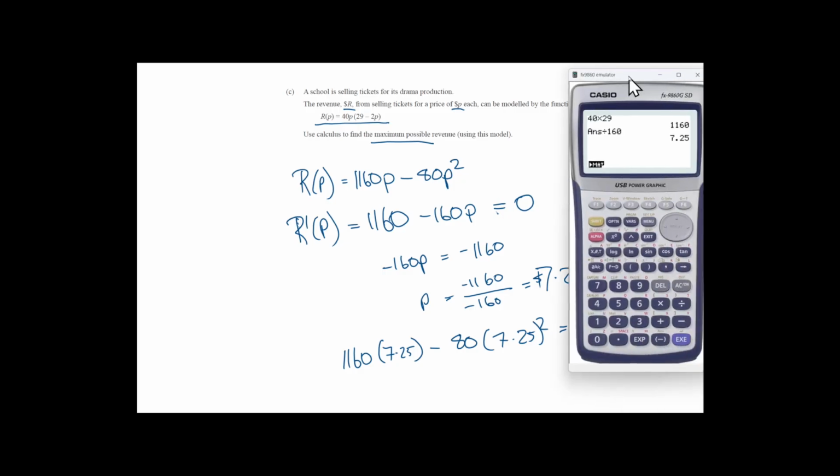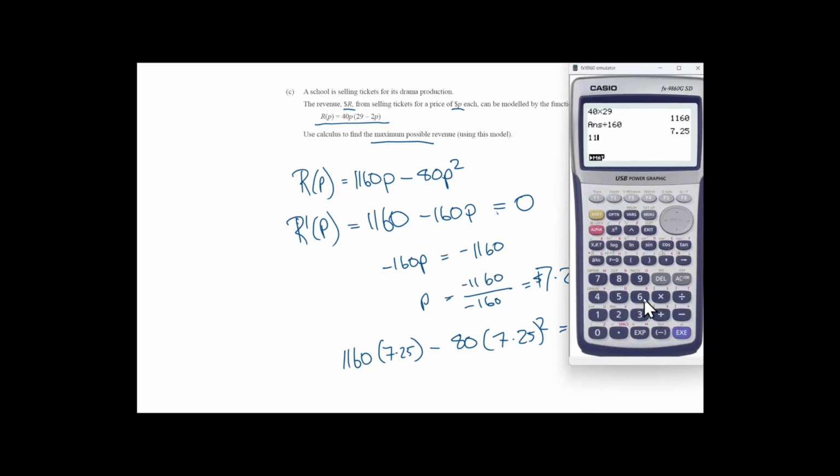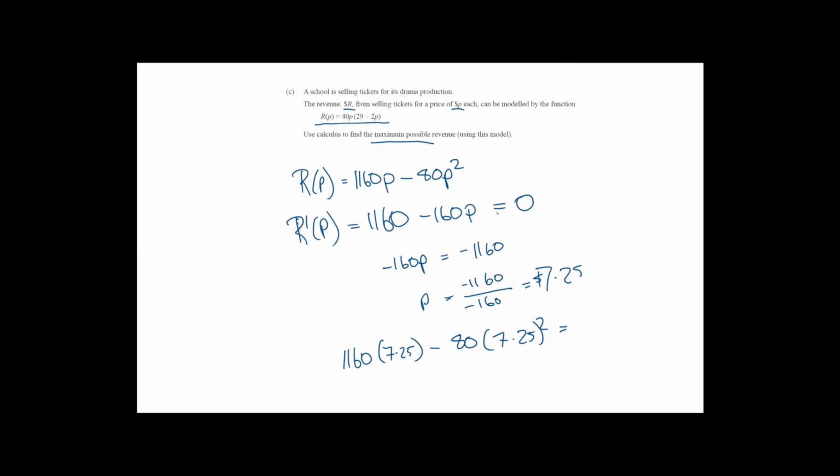Cool story, bro. So 1160 times 7.25 is that, minus 80 times 7.25 squared is that. So 4205. And that's our final answer for that.